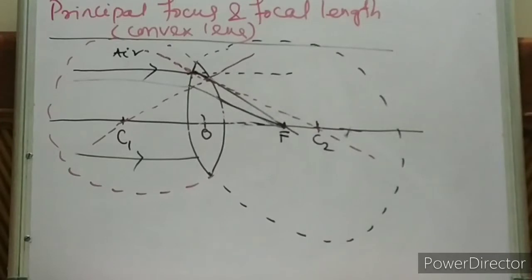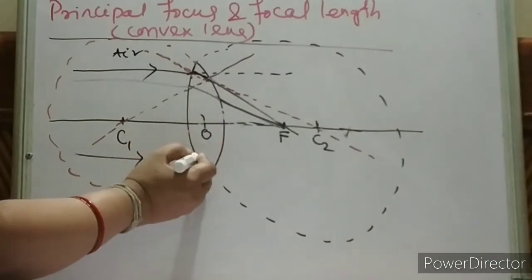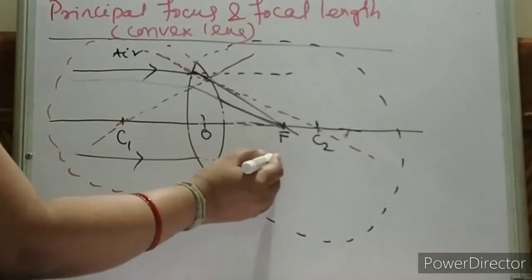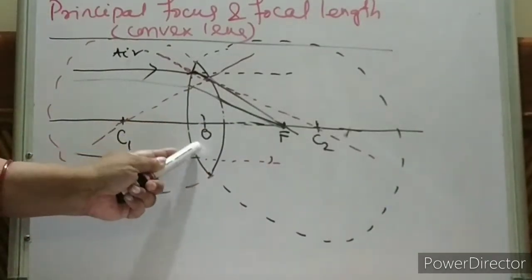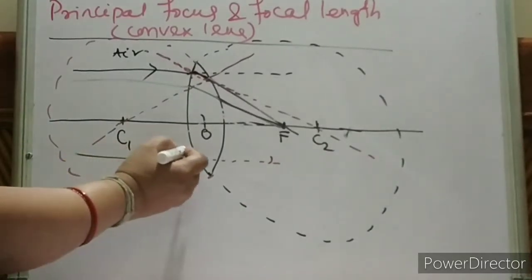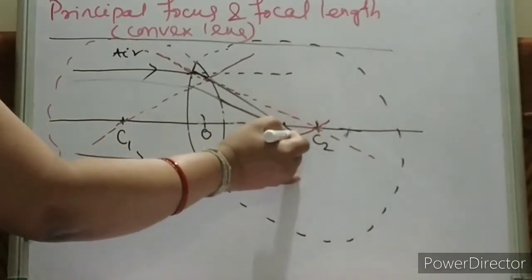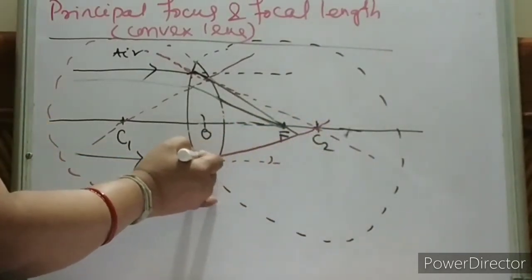Okay. Now how will the normal be? If it had been without any medium, the ray would have traveled like this. Since it is changing the medium, now the ray will bend. So how will the ray bend? You have to just join this point with this center of curvature. So this is your normal now.